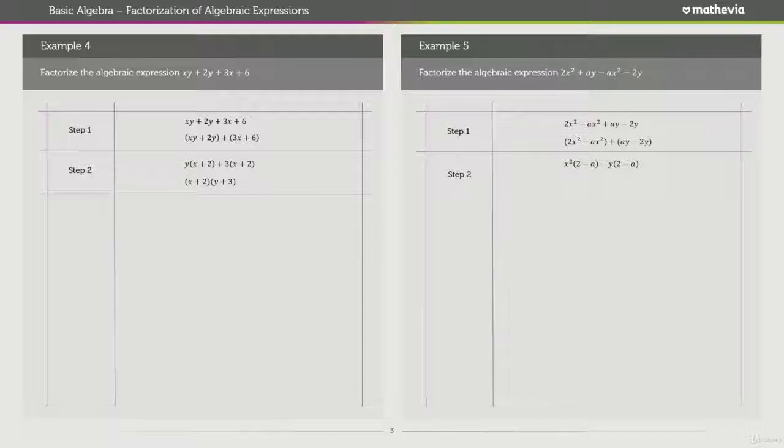We have 2 minus a in the first group. If we factorize using y, we would end up with a minus 2, but if you factorize using minus y, you'd end up with 2 minus a. Considering we're looking to get equal expressions in both brackets, it makes more sense to factorize using minus y instead of y.